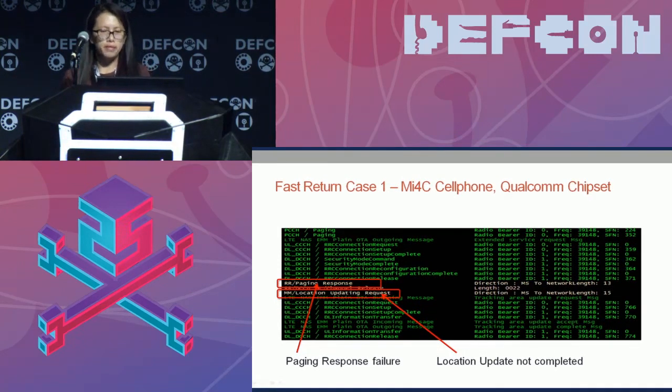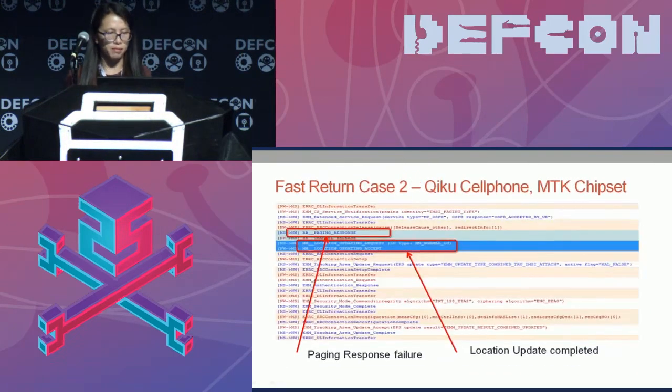So we doubt whether the chipset really completes the location update procedure. In this case, the attack will succeed because the LAU procedure is not complete, so we can maintain the connection to do something evil.